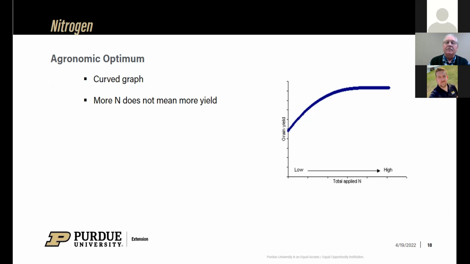We just have to realize where it levels off based on our soils and our crop, and try to find that sweet spot somewhere in here on that curve, where we're going to get really good yield, but we're also not wasting our money by applying more nutrient to get that extra bushel that's not going to return anything for us.